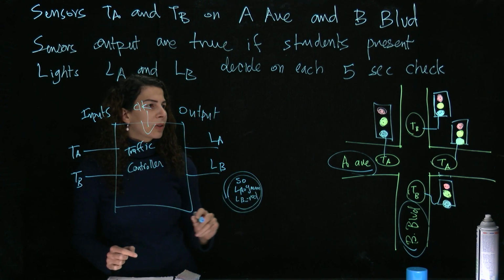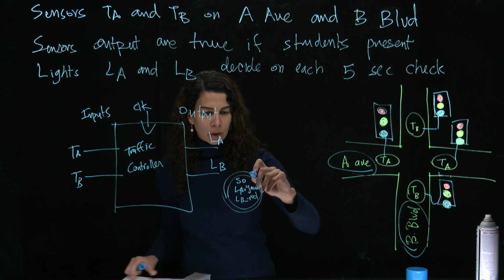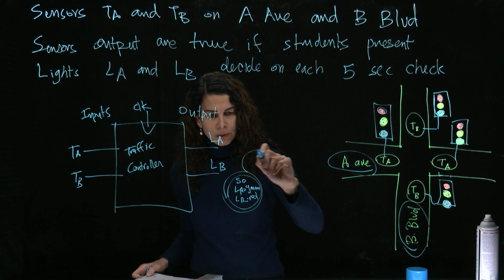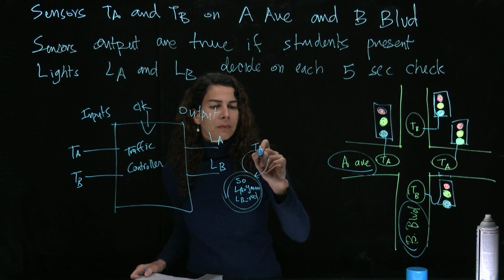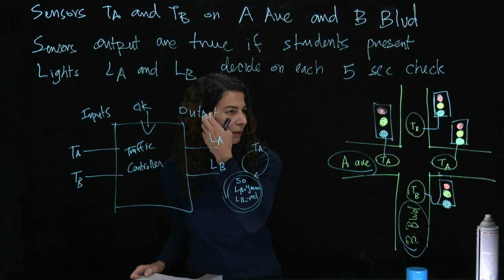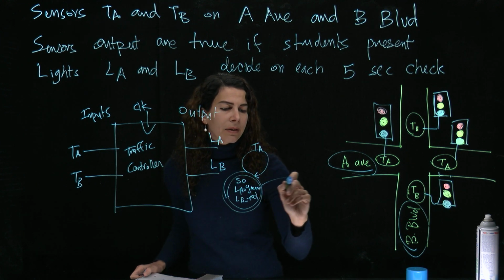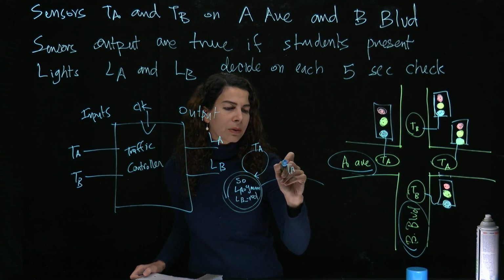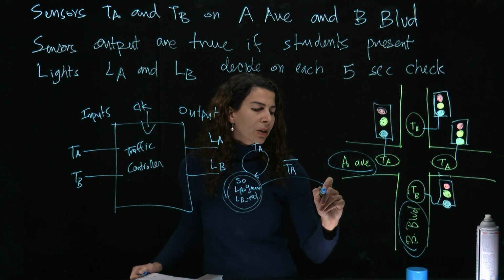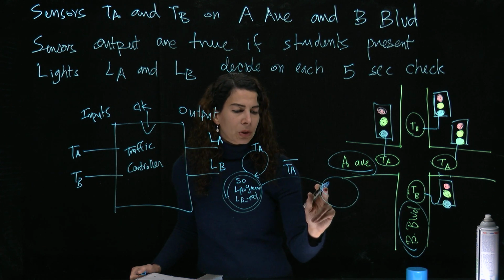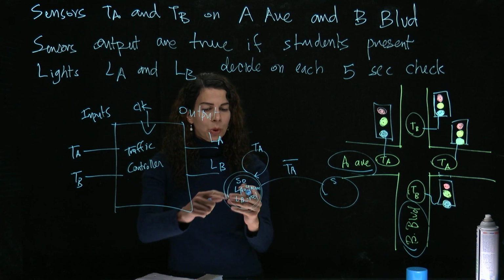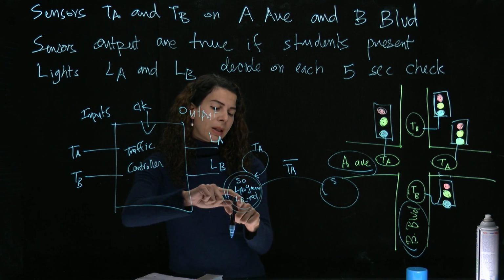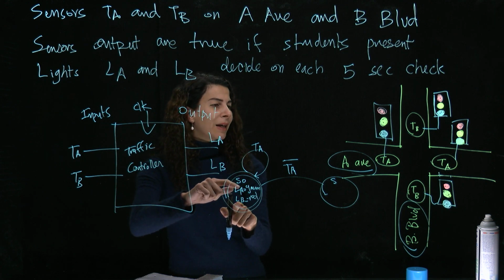If the sensor probes itself and TA says that there are no students, we stay here. If there are students, meaning not TA, it will ultimately go to the state where light B is green and light A is red.